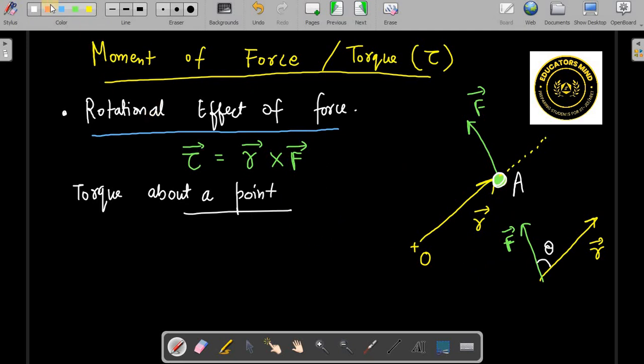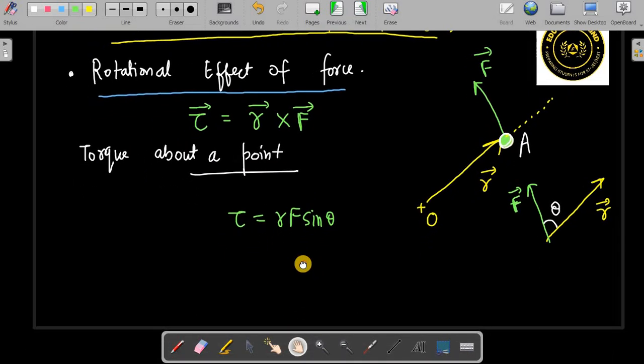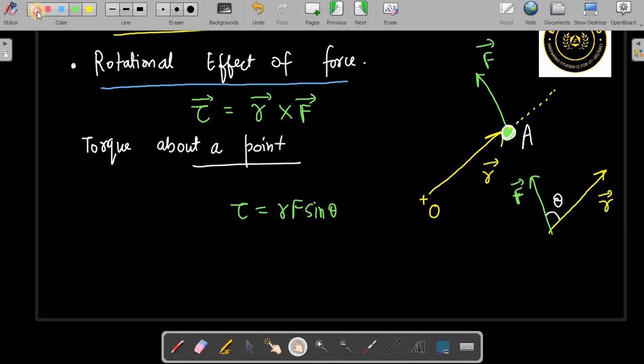So what is the meaning of R cross F if you take the magnitude? That is R F sin theta. It is the same thing, but there are two ideas: you can club F sin theta together.